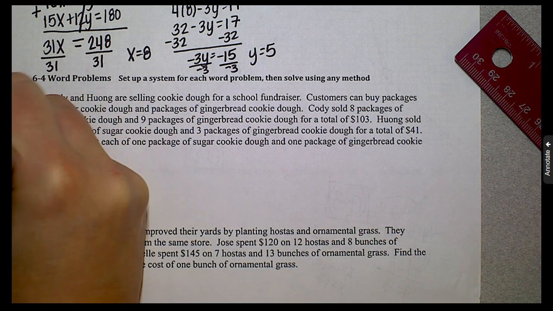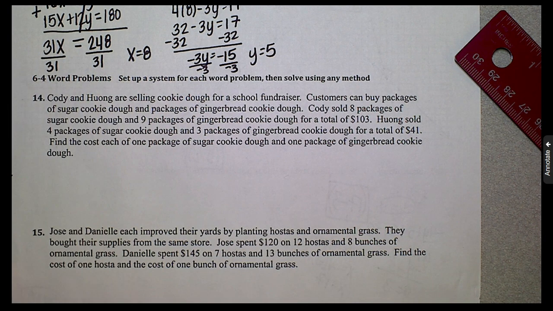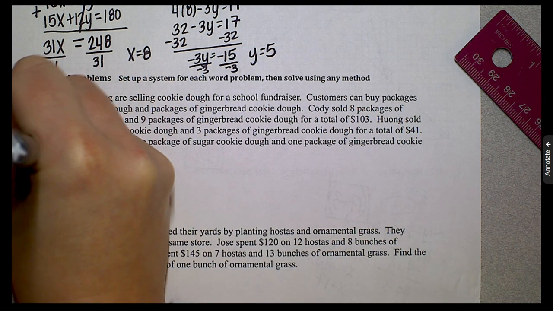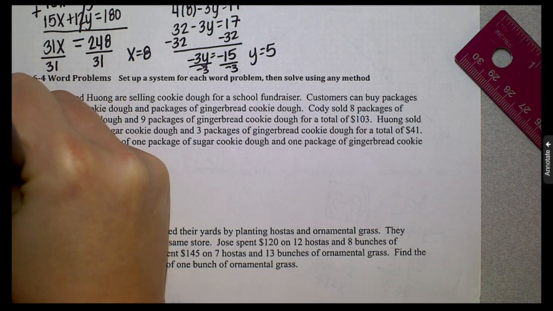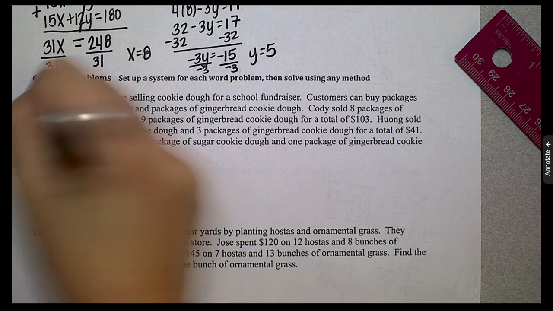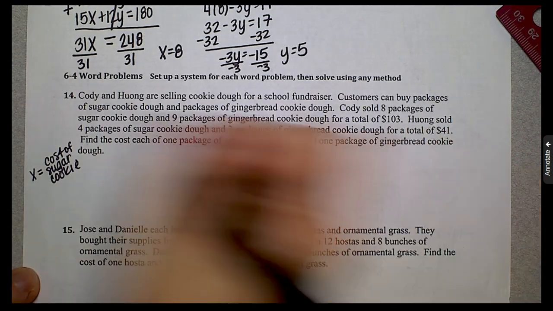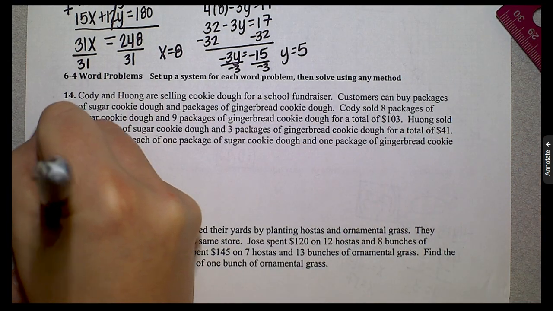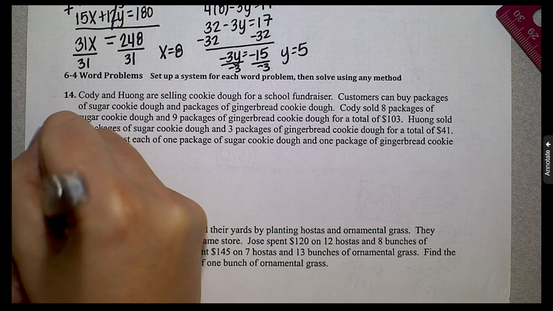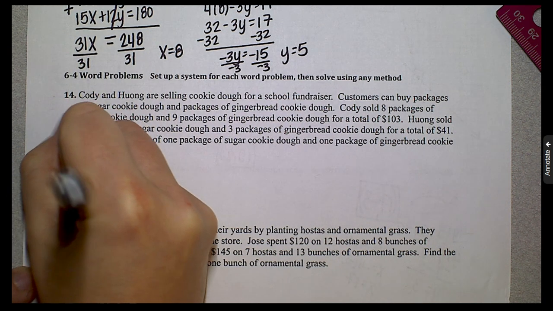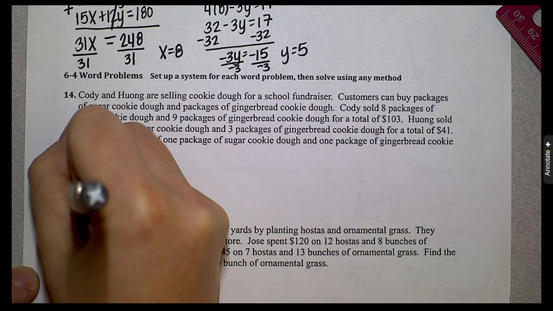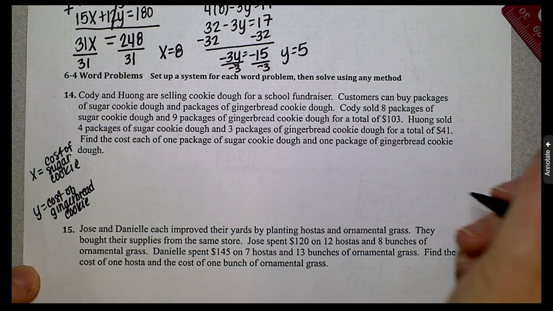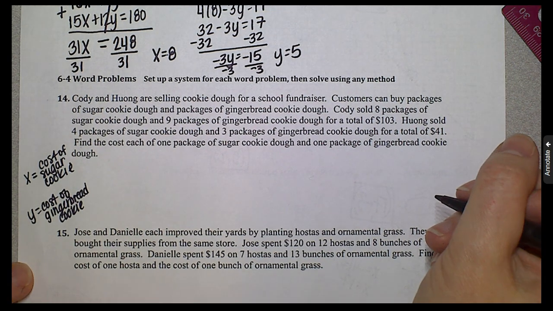So I'm going to use X and Y. I'm going to say X is the cost of a sugar cookie, and Y is the cost of a gingerbread cookie. So what are we looking for? That's your variables.